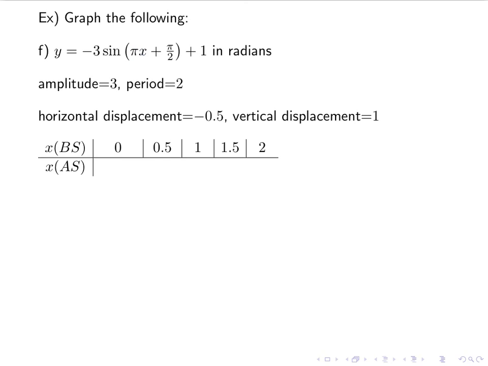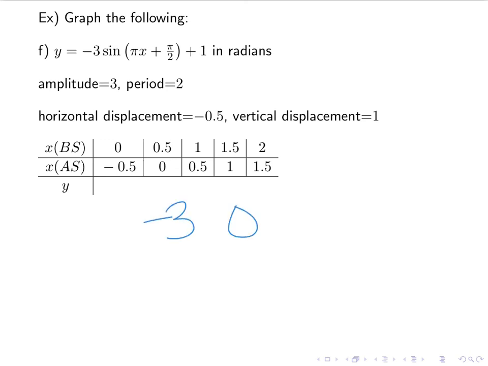So my after shift, I'm going to add negative 0.5, so I'm going to subtract 0.5. So negative 0.5, 0, 0.5, 1.5. For the y's, we have a negative sign, so we're going to keep that in mind. And our values were negative 3, 0, and 3.